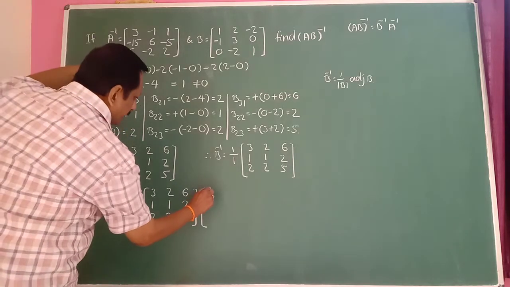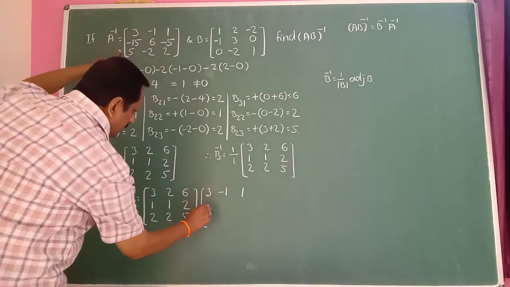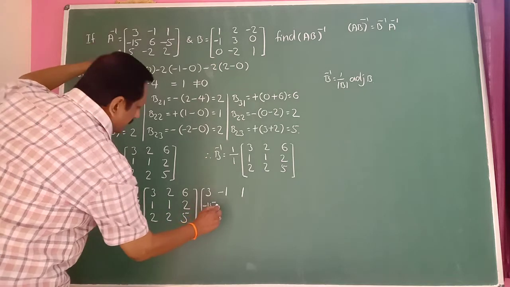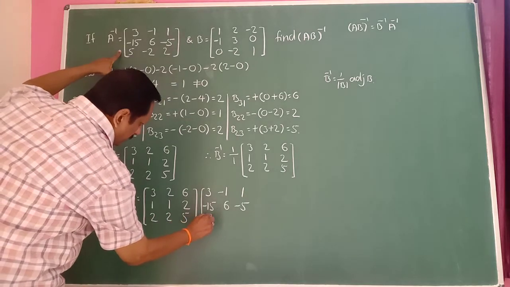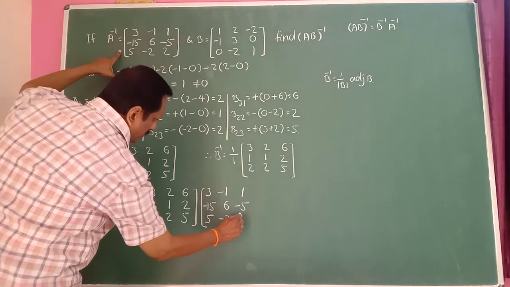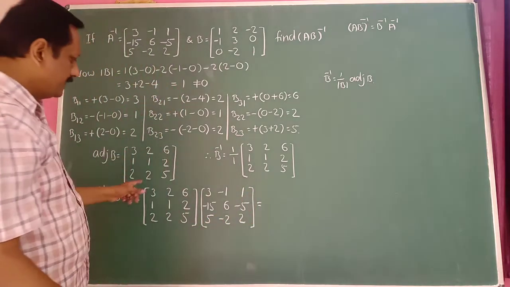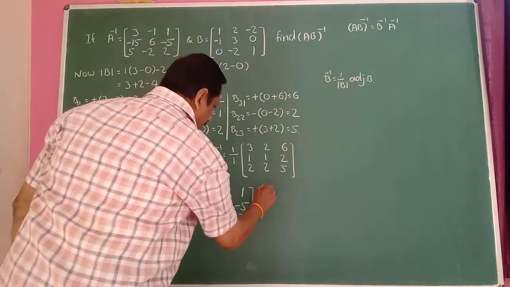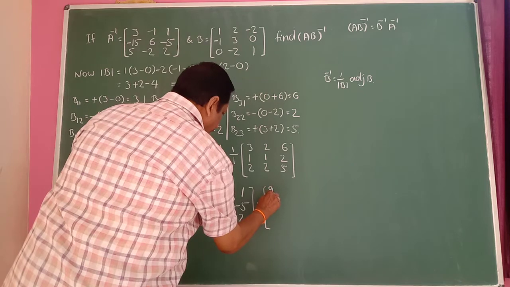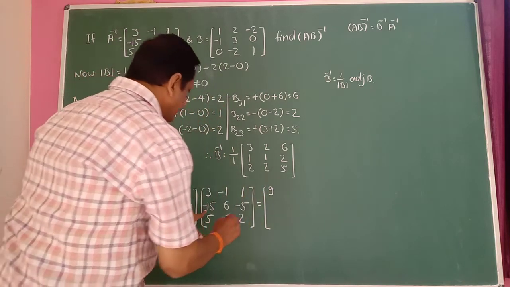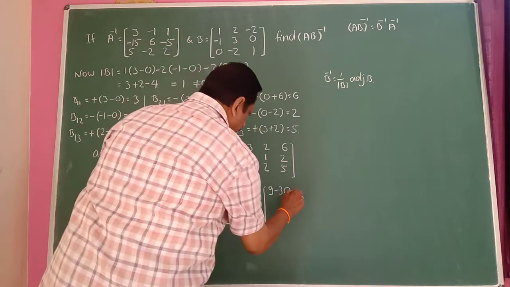So 3 minus 1 plus 1 here, minus of 15 then 6 minus of 5, then 5 minus 2 and plus 12. Therefore this is equal to multiplying row with the column here. Therefore 3 3s are 9 here. So 9, 2 15s are 30 minus of 30, then 6 5s are 30 here plus 30.